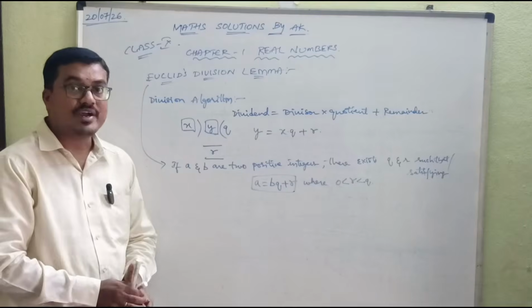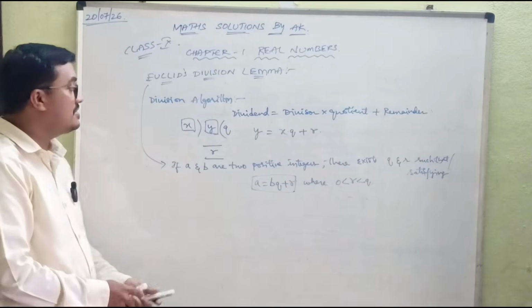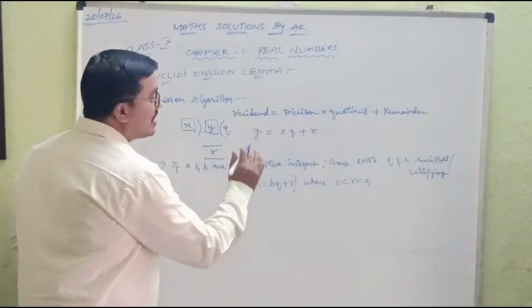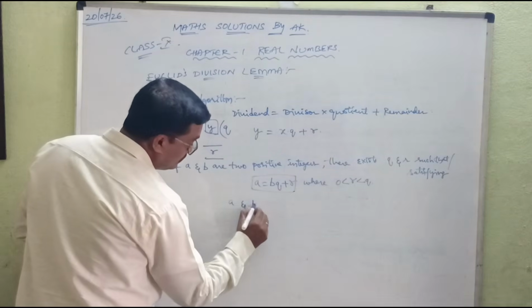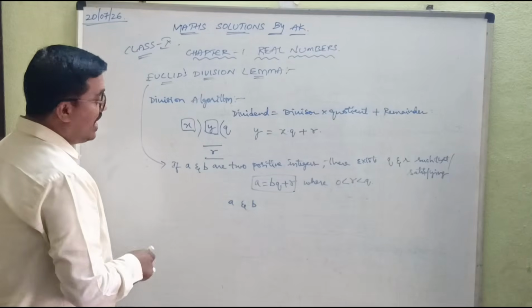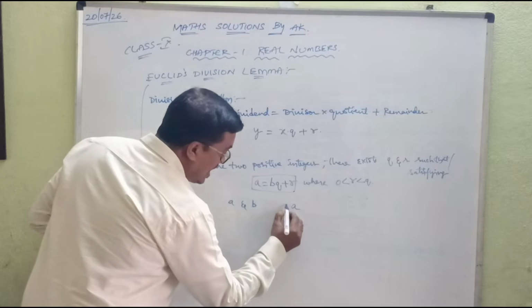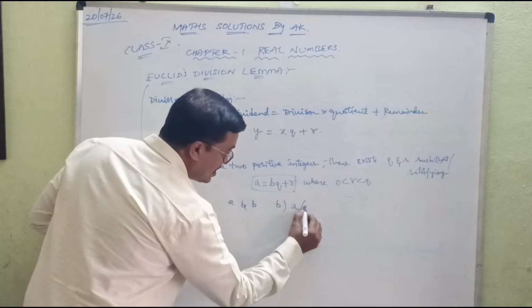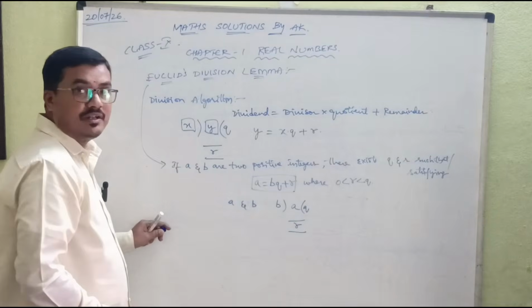And this equation is quite similar to your old concept, the division algorithm: y is equal to xq plus r, whatever you have obtained here. Here a and b are two numbers. When you are dividing a with number b, the answer you get is q, and whatever you are left over with is the remainder r.